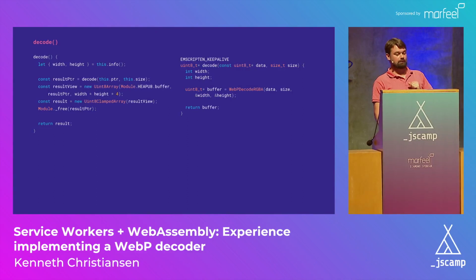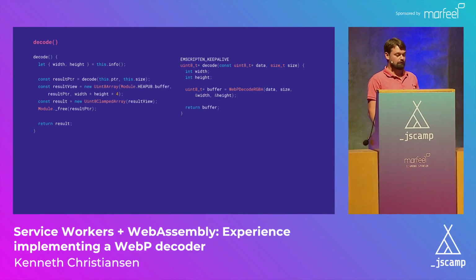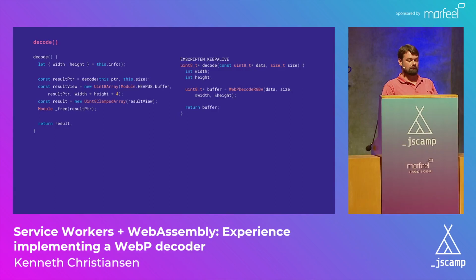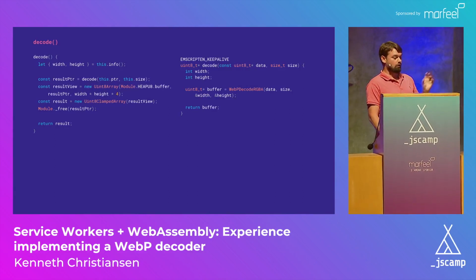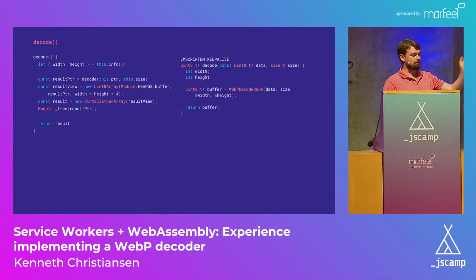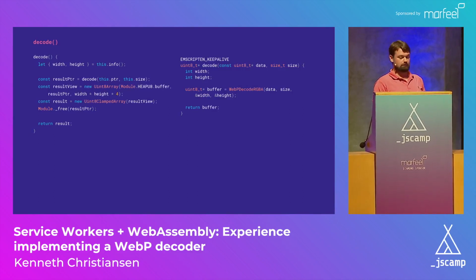And I do that using a special function from Emscripten that allows me to get access to this heap. This is the Module.HEAPU8.buffer. Then from there, I create a copy. This is the const result equal new Uint8ClampedArray. Then I free the original, everything in C land, and return the actual JavaScript data.